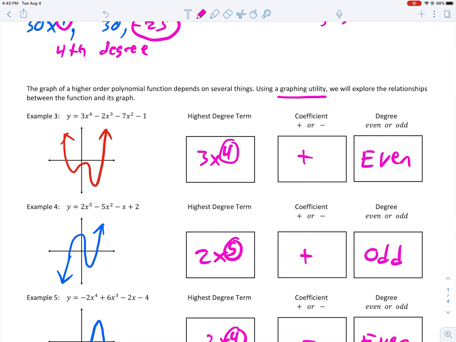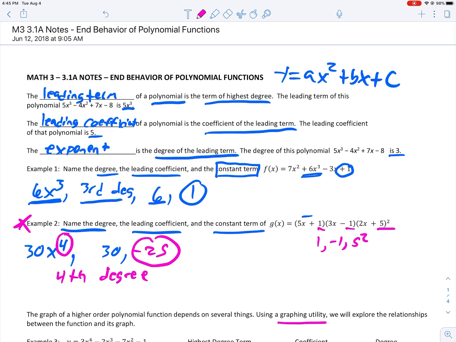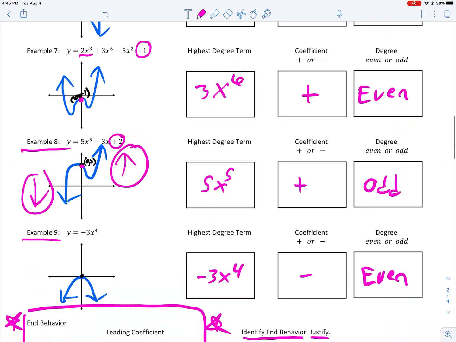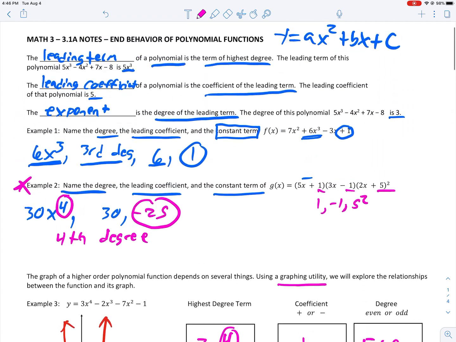I just used Desmos. So make sure as you go back and look through these notes, you understand that to find the degree, it's the largest exponent, and then you look at the coefficient of that term. Please make sure you answer your essential question as you're writing your summary. And then you'll be done with your notes.